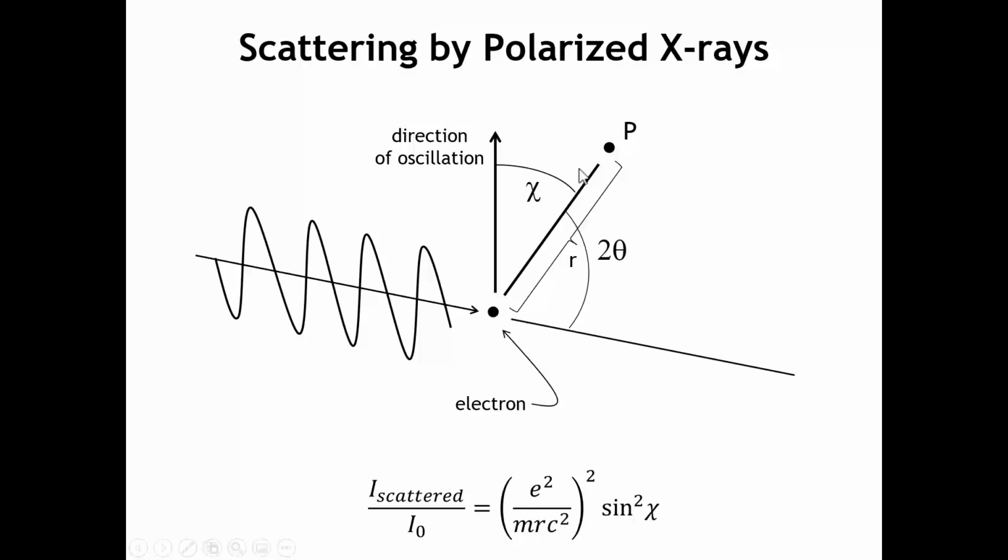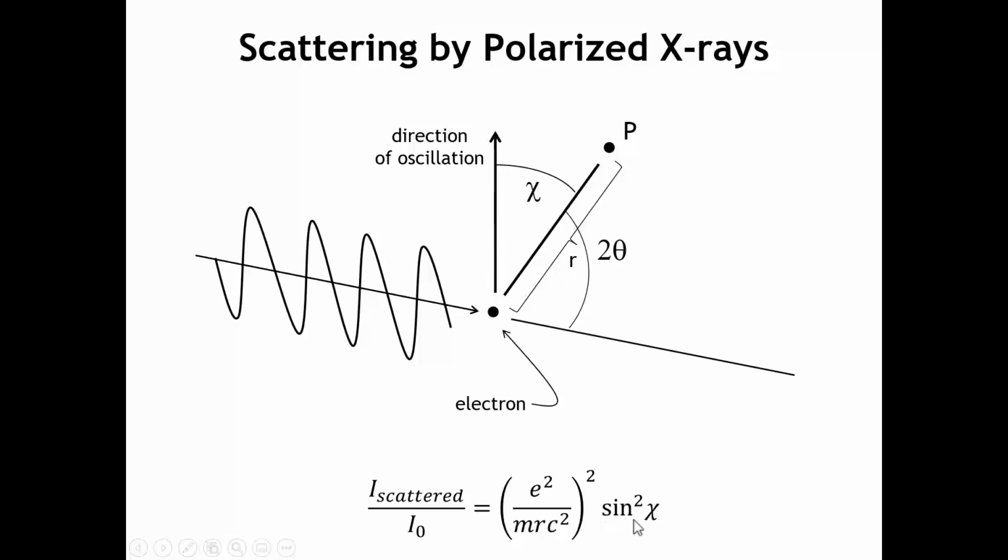And then we see that at a point P, the intensity of the scattered radiation does drop off as 1 over the distance squared. That's all fine, but what's really important is the angular dependence, this sine squared chi term. From the properties of the sine term, we know that sine of 0 degrees is 0, and sine of 90 degrees is going to be 1. In the vertical direction, that is the direction in which the incoming X-ray beam is polarized, there is no scattering, right?